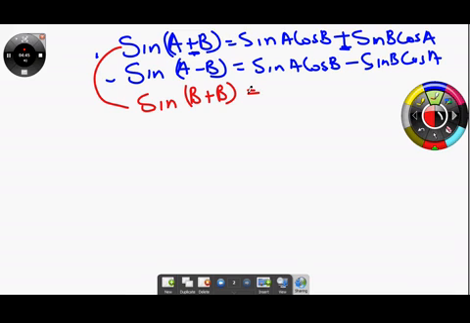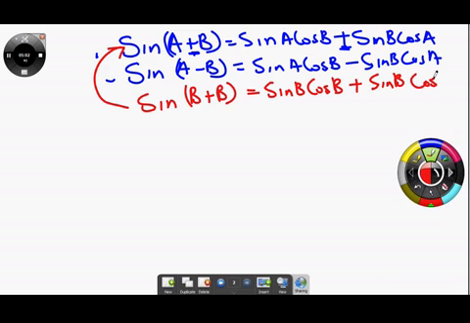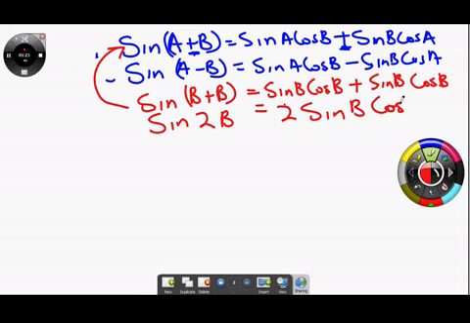Let's apply this identity, and this will give us sine b cos b plus sine b cos b. And that allows us to say sine of b plus b, which is 2b, is equal to 2 of these ones: sine 2b equals 2 sine b cos b.